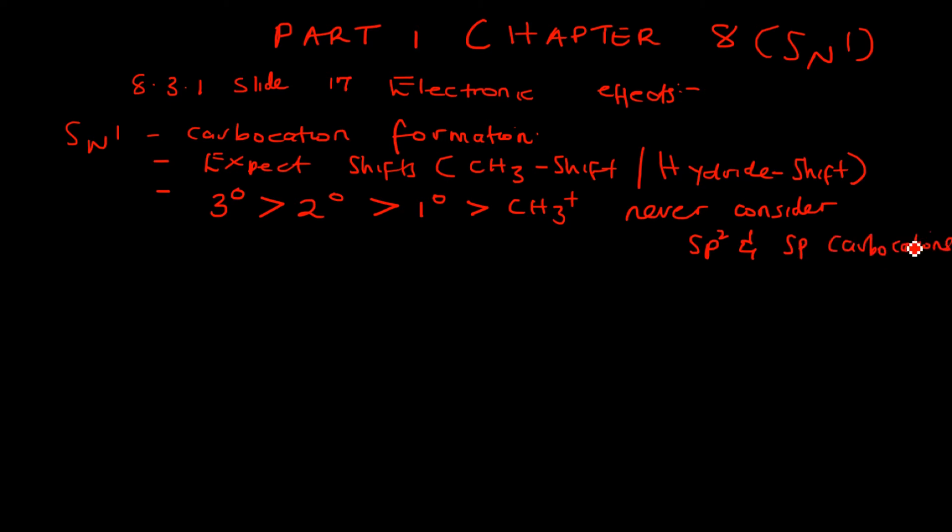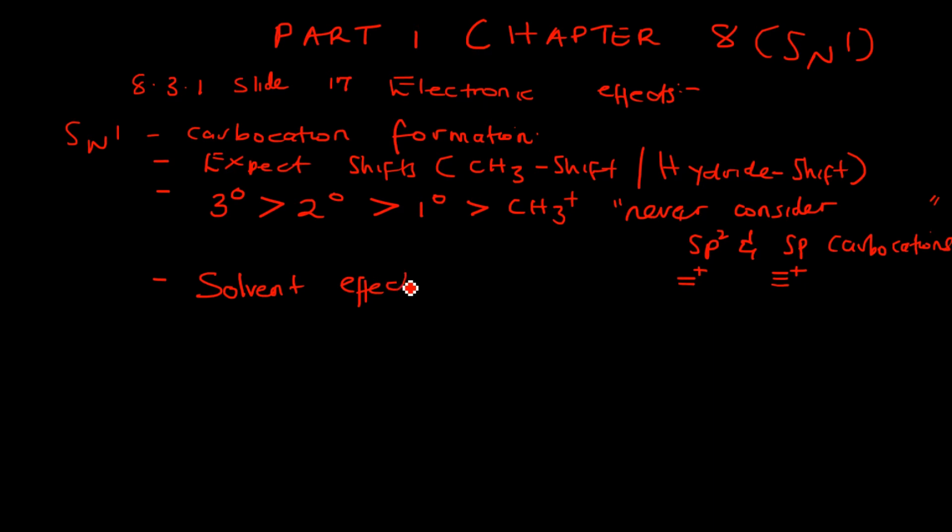I remember someone asked me that question. In other words, you don't want a plus sign on a double bond. You do not want a plus sign on a triple bond. Those are highly unstable. Never consider those.